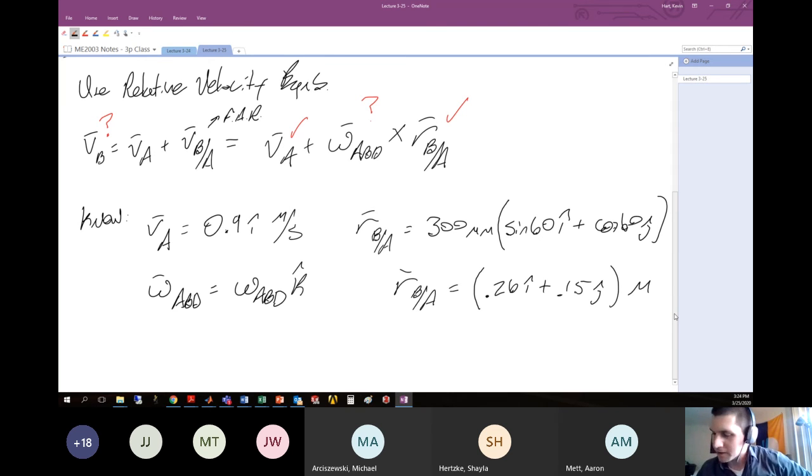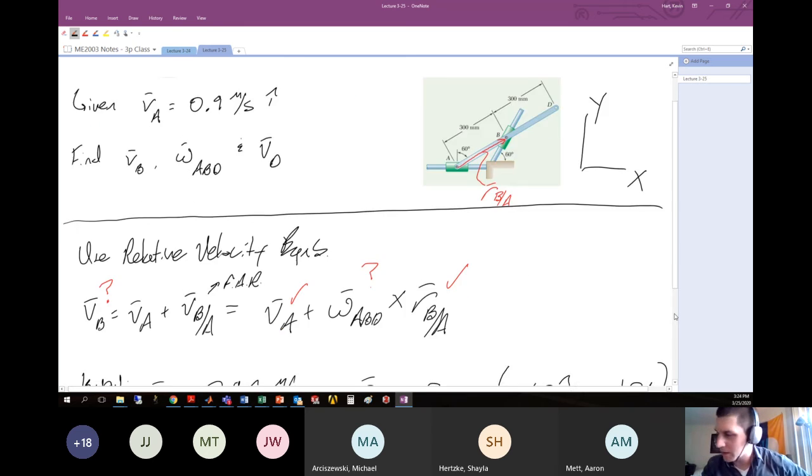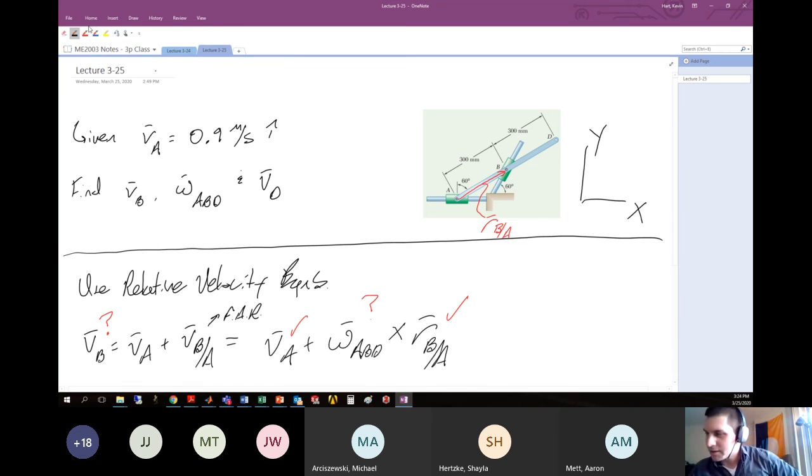One other thing we're going to have to consider in this problem is the condition of restriction on the velocity of point B. Notice here that the slider B is restricted to moving along this particular red line that I've drawn. So VB is restricted to this motion.